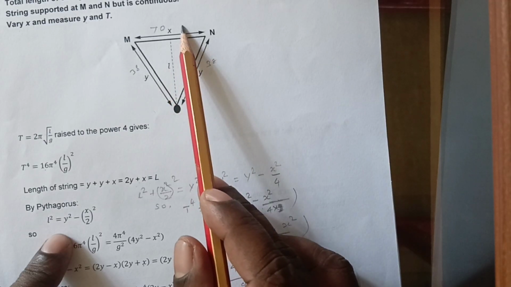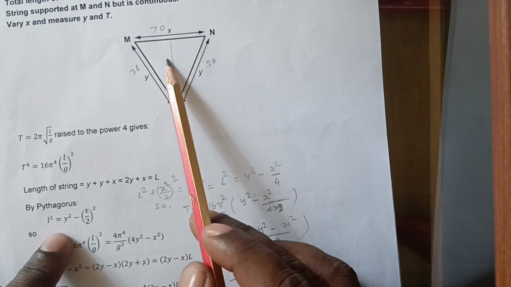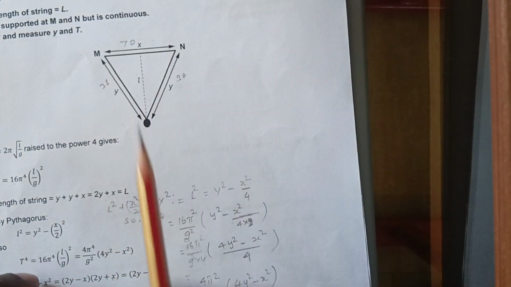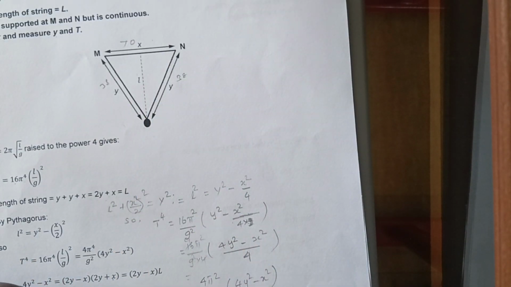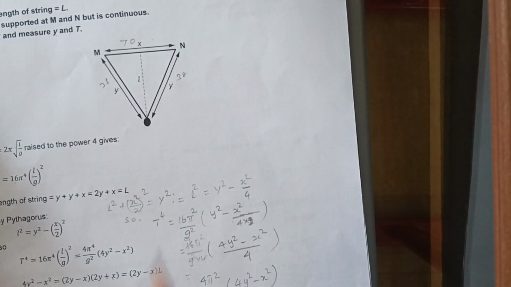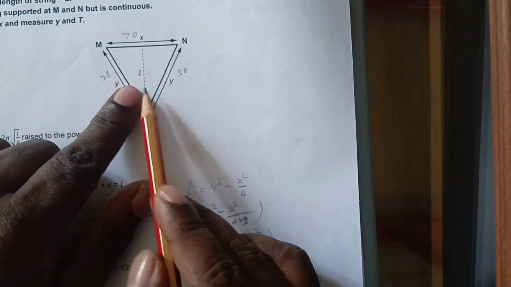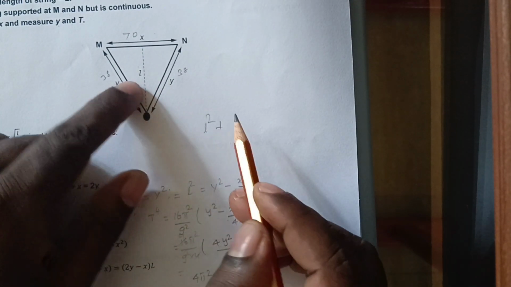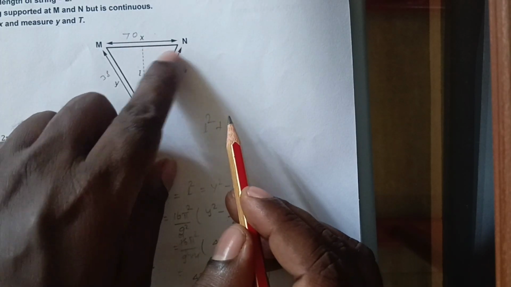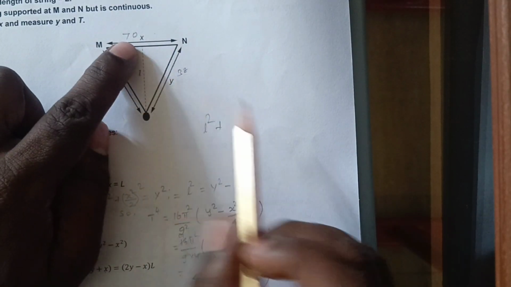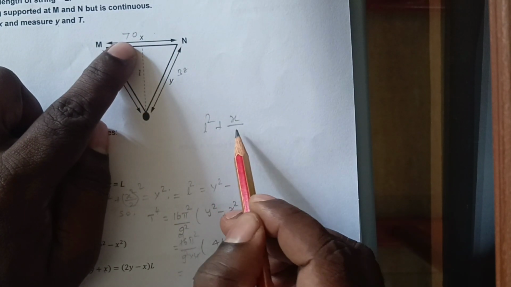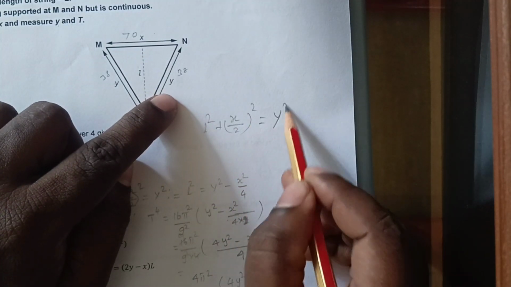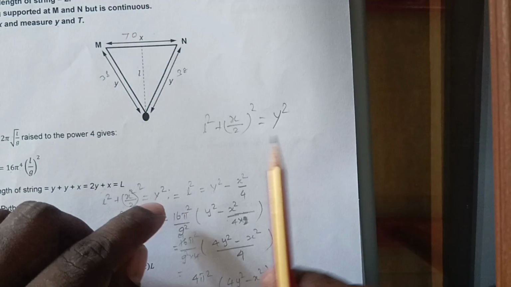Okay, here you see L², and here the x, it is half, means (x by 2) whole square, equal to y square.